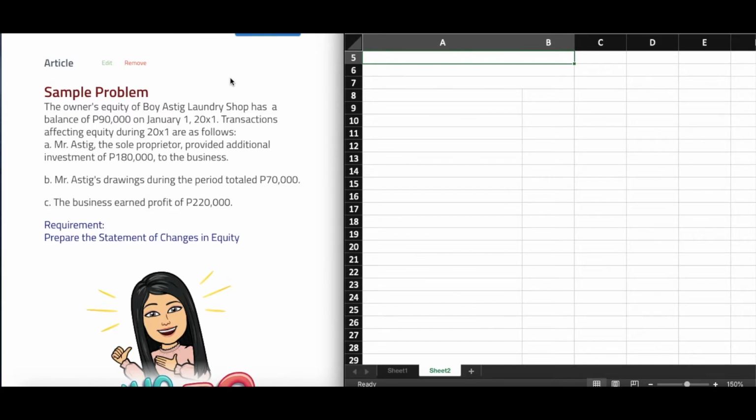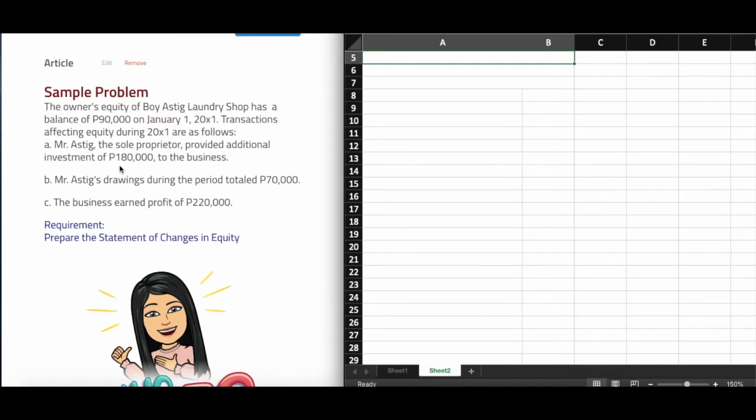So here we can identify that 90,000 pesos is our beginning balance because it is dated January 1, 20x1. So usually the beginning balance would be dated January 1, 20x1 if the business uses calendar period.